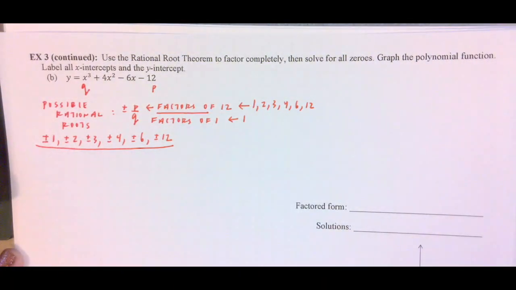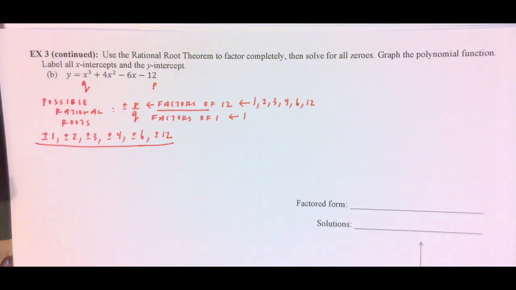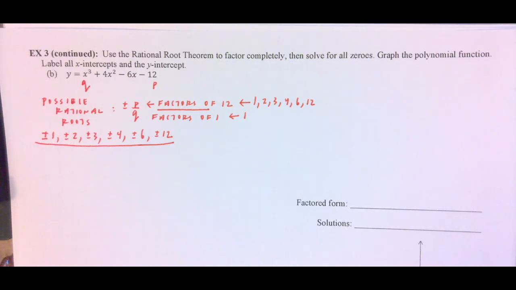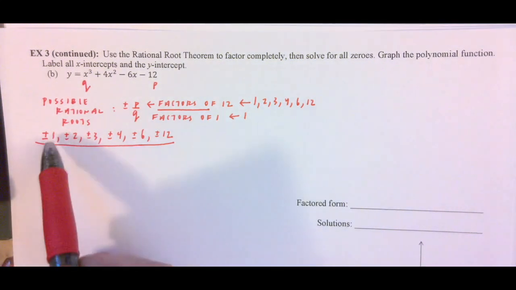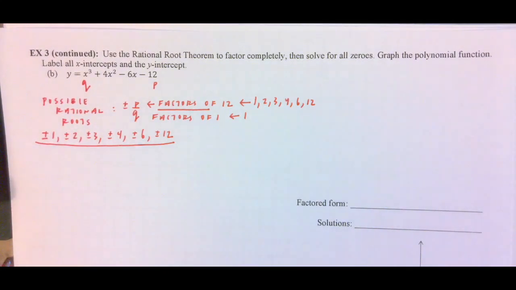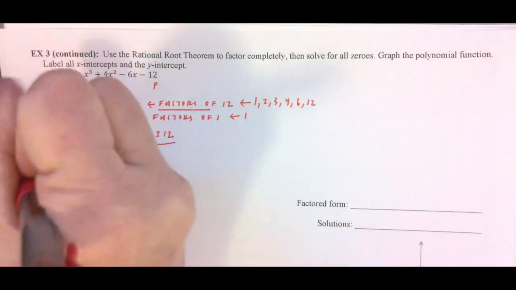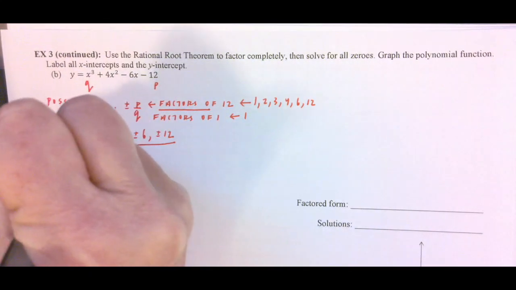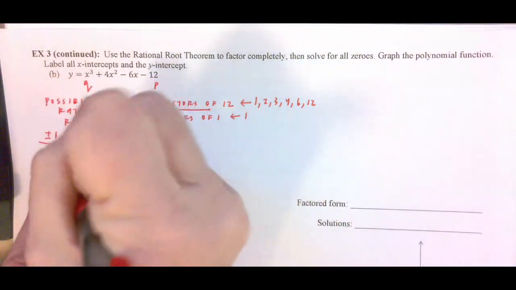And I would do it the same way, right? I would use substitution until I find one that works, and I would also just use substitution before I use synthetic to divide it out. So if I went through my list, I probably tried 1 and negative 1 until I got to x equals 2. So let's say we plug that in, right?